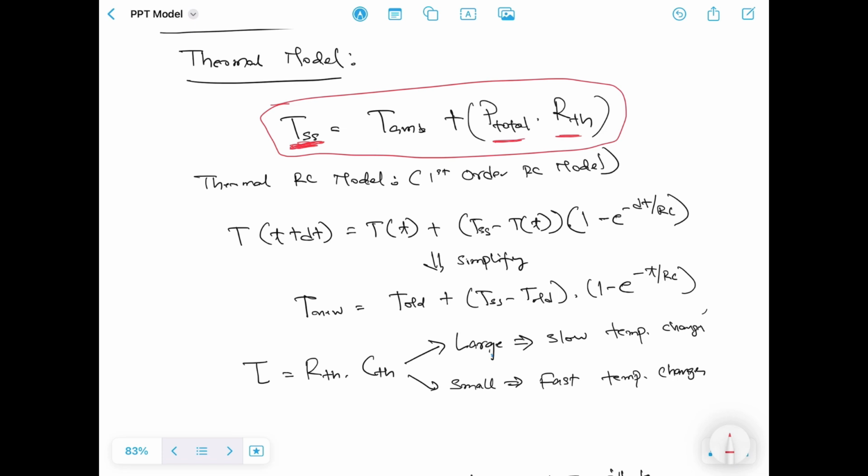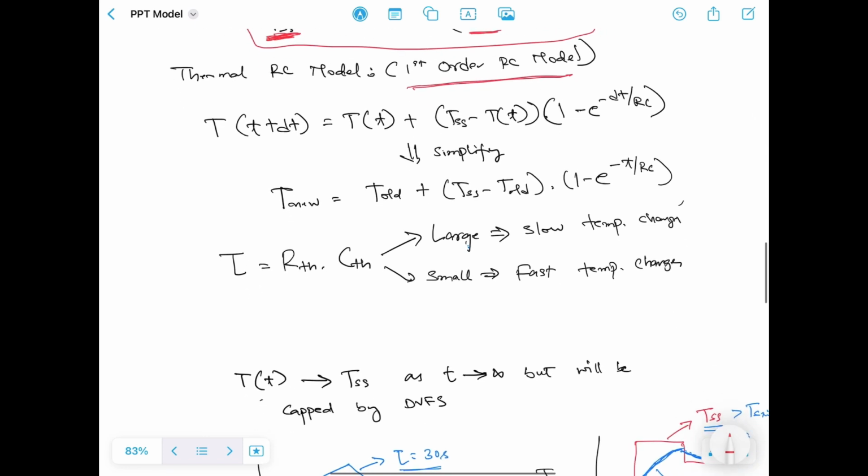So when the temperature climbs up to anywhere close to the skin temperature, then DVFS will cap the voltage and frequency such that we start reducing the temperature. Now the way the temperature rises in the system is modeled by this first order RC model. So let's see how that is done.